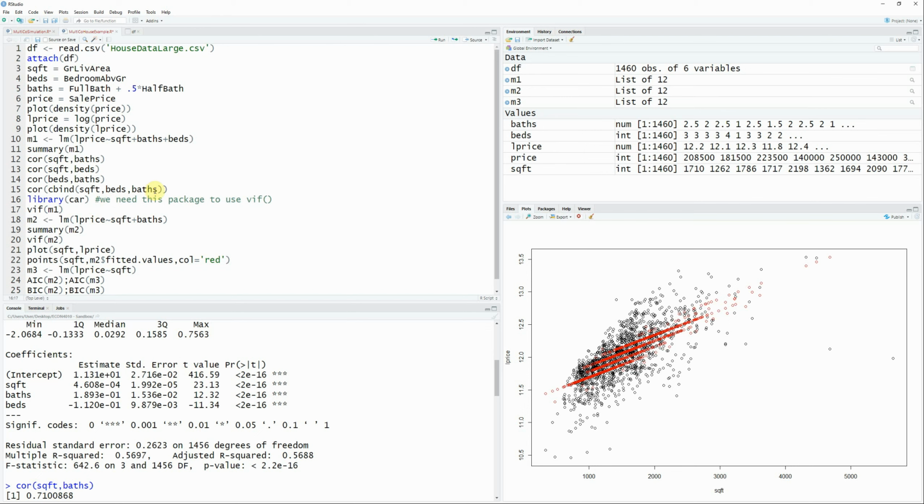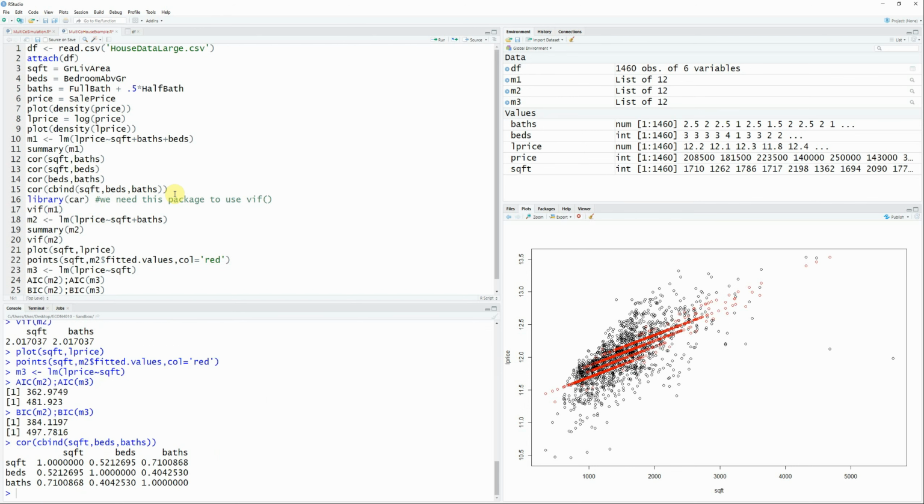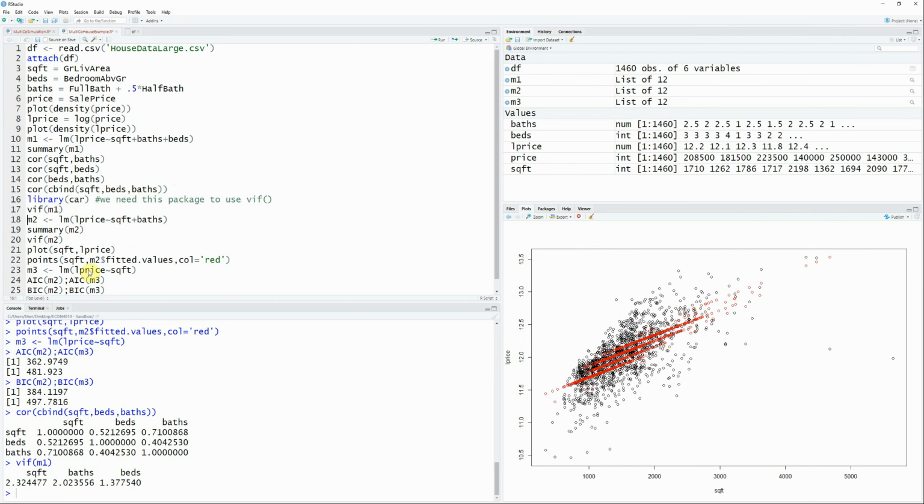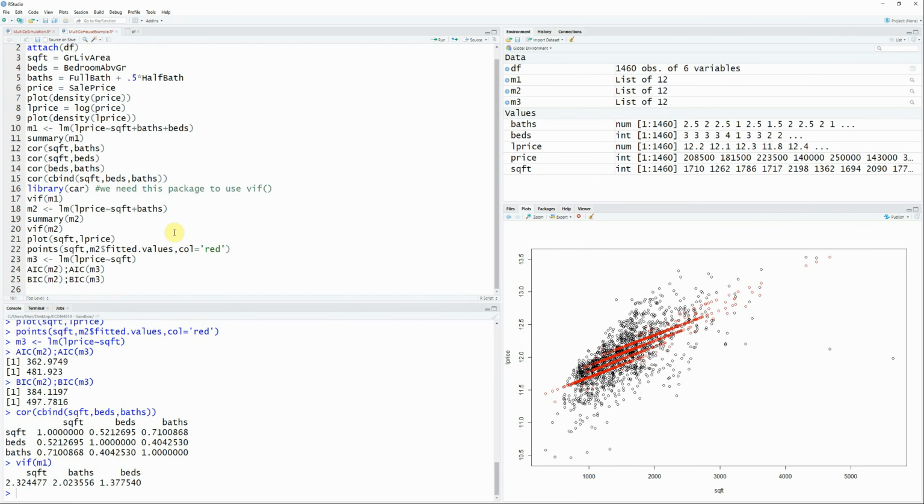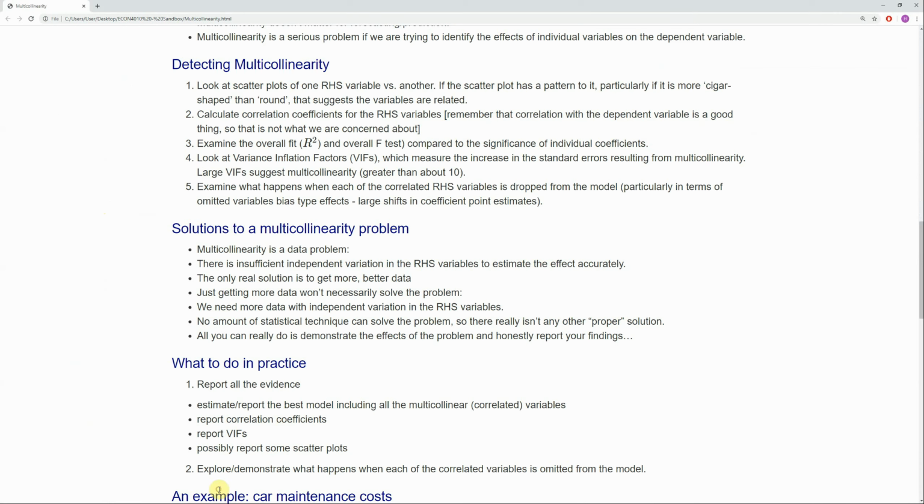They were all greater than 0.4, but not much larger than 0.7, unlike what we had in the smaller data set. But VIF values were not large. So we removed bedrooms and only used baths and square footage in our model, and chose model 2 as our best model in this case.